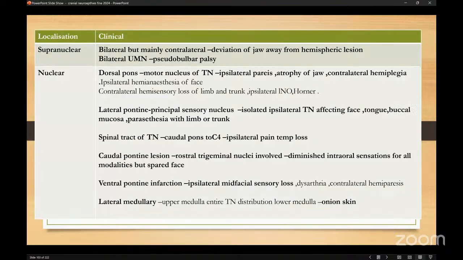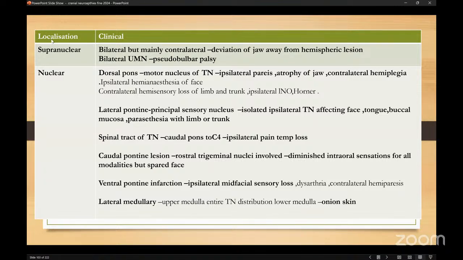Okay, so for any cranial nerve, the most important localization is whether it is supranuclear, nuclear, or infranuclear, and whether it is on the right side or the left side. This is the only problem, and this is the most difficult part to differentiate. If there is a jaw involvement, then suppose, for example, the jaw is deviating on opening to the other side.